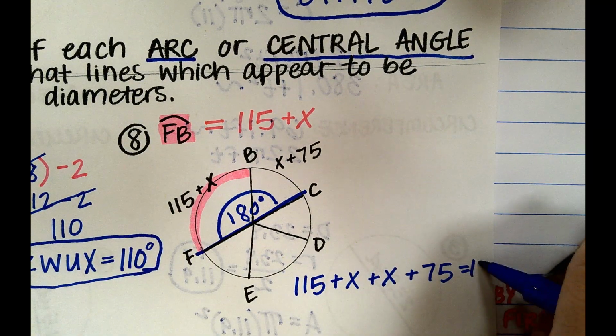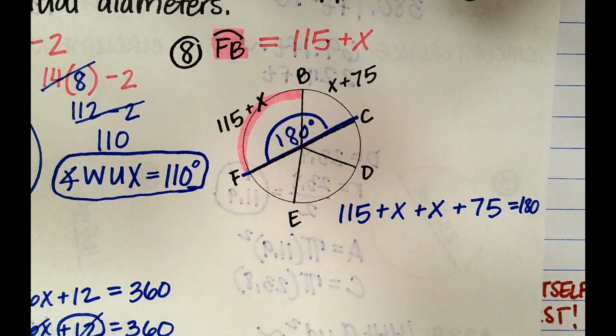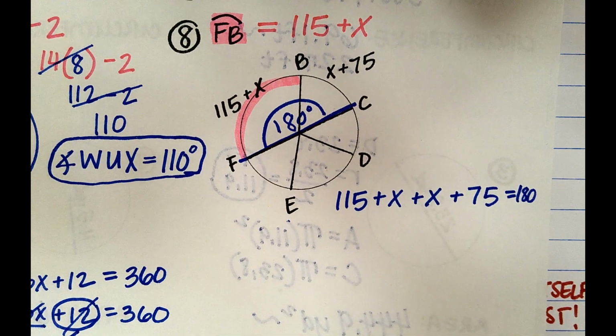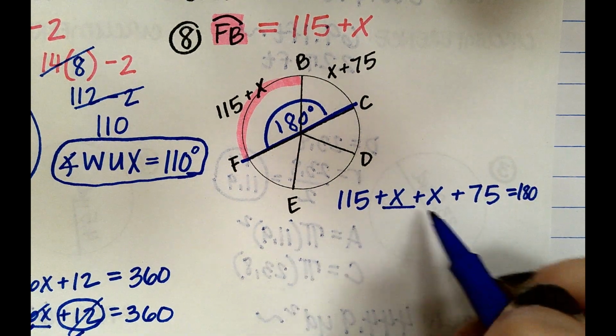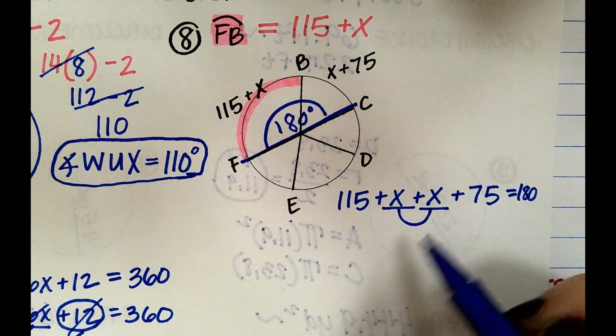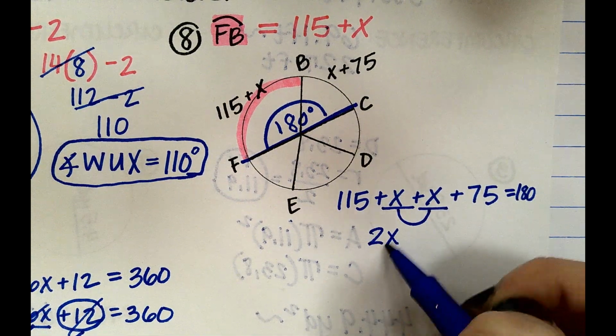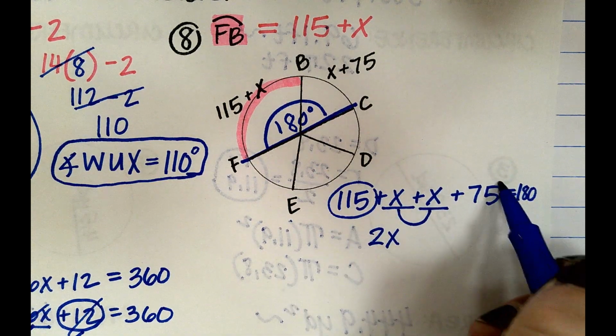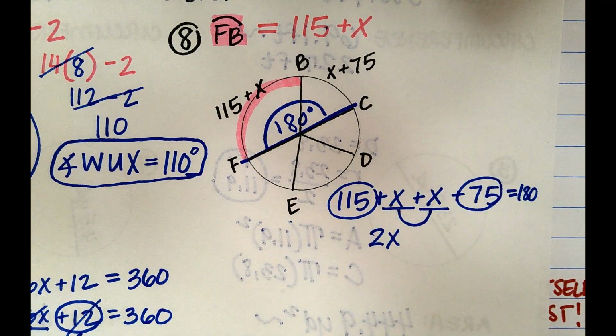I'm running out of room. Okay. Same process as before. We'll combine any like terms. X and x will give me 2x. And then 115 plus 75, what will that give me?